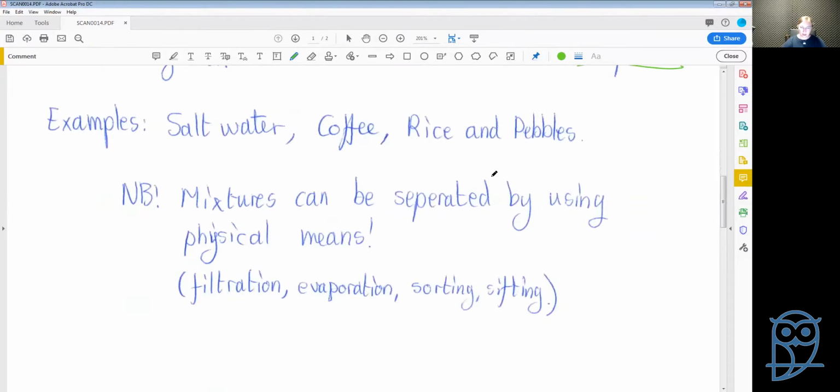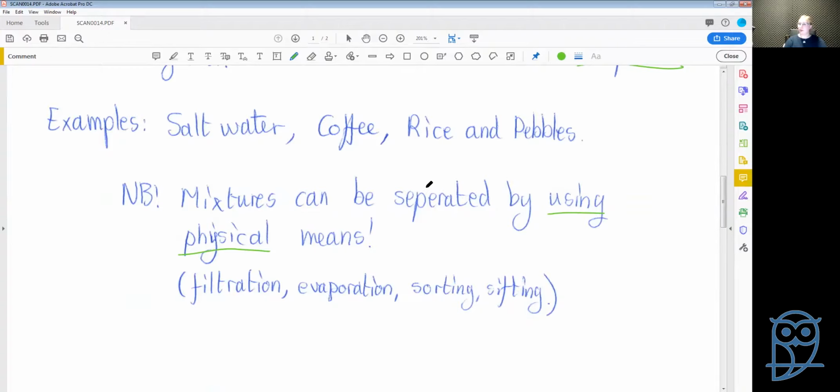And the important thing here is that these kinds of things, mixtures, can be separated by using physical means. We could technically use only physical means to separate them.